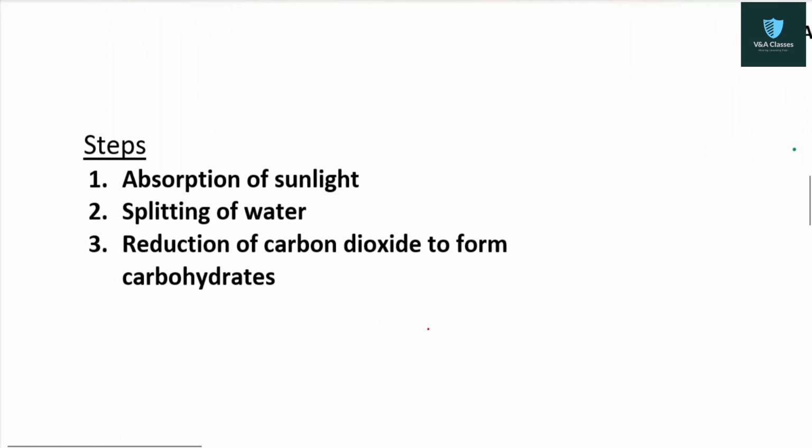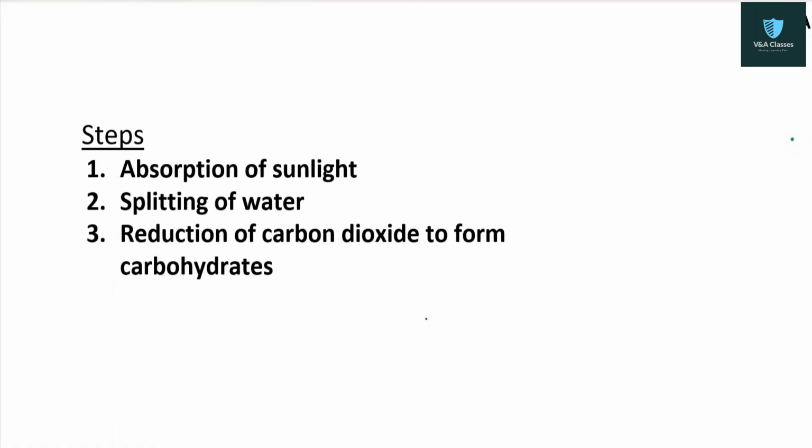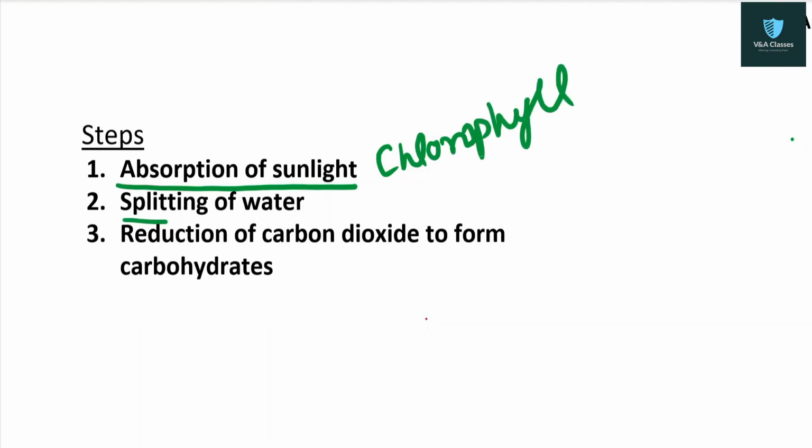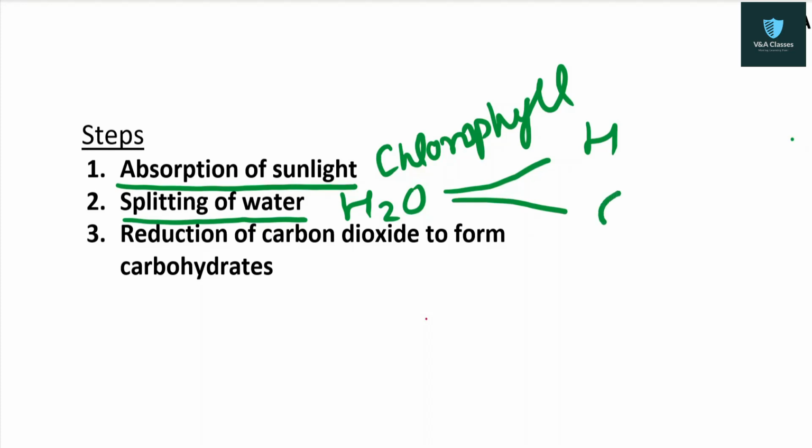Okay, so these are the main three steps which you need to remember. The first one is absorption of sunlight, which is done by means of chlorophyll. Second step is splitting up of water. The water will split up into hydrogen and oxygen by means of this sunlight.